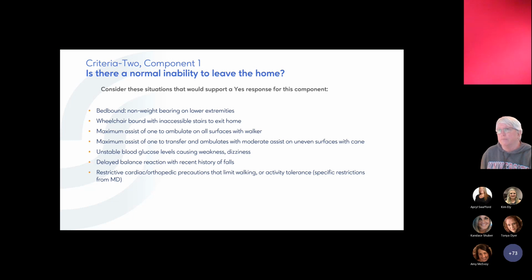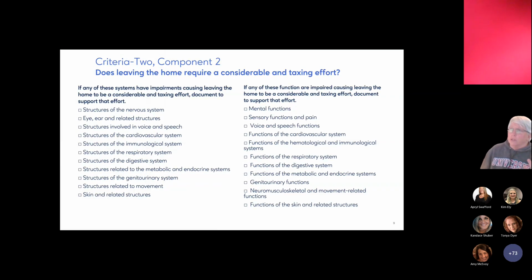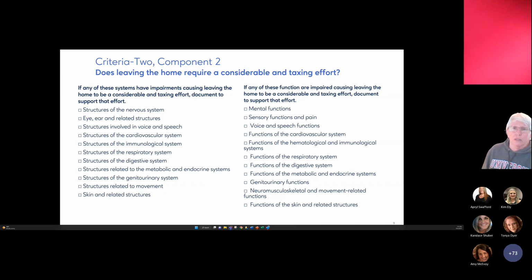On component 2, now we're talking about things being a reasonable and taxing effort and what brings on that reaction of being taxing. And from a physical standpoint, we're talking impairments. And that can be related to any of the body systems with the patient, not just the muscular system.